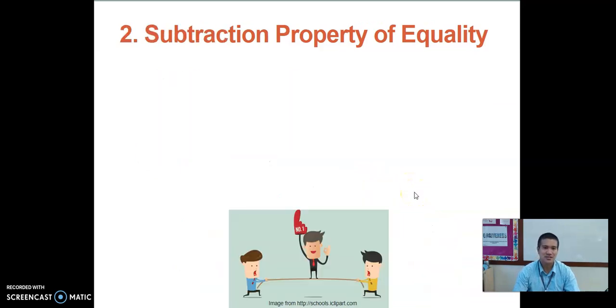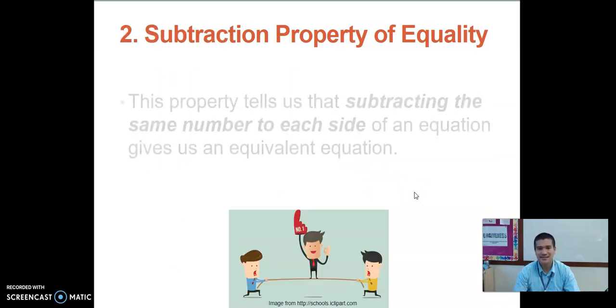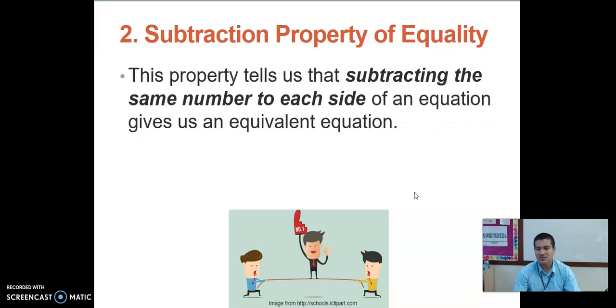Next, the subtraction property of equality. This property tells us that we subtract the same number from each side, the left and the right side of the equation, so that it gives us an equivalent equation.